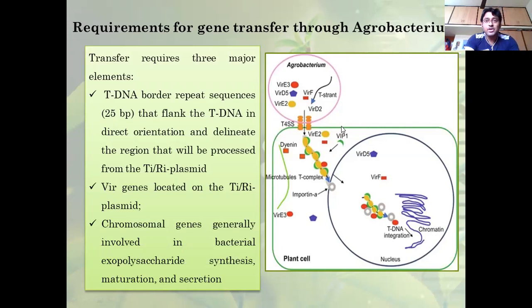Now, other chromosomal genes definitely should be possessed within the Agrobacterium that are involved in bacterial exopolysaccharide synthesis or maturation and secretion, which ultimately helps to recognize the plant signal. So this system should be present within the Agrobacterium strain where we will introduce our expression cassette or the recombinant vector.